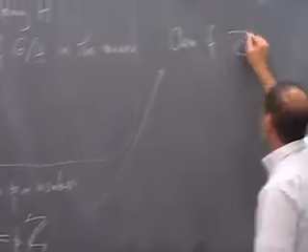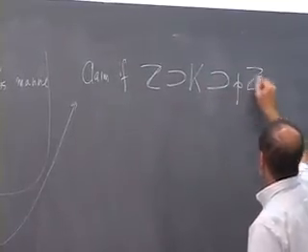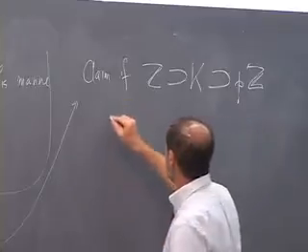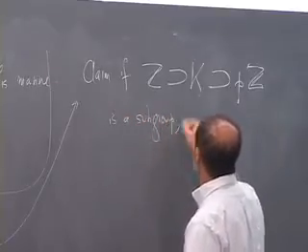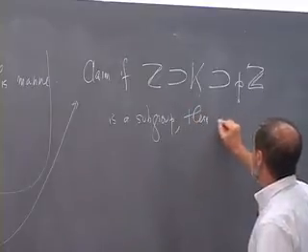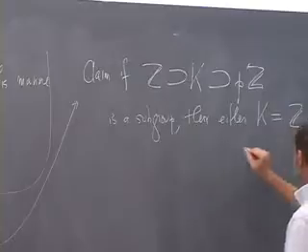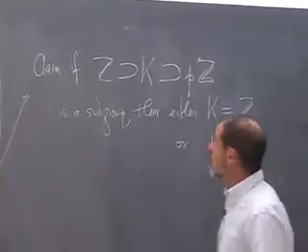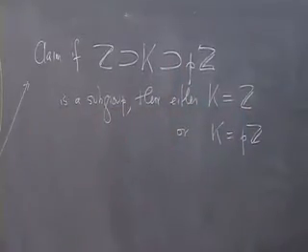If we have a subgroup K of Z which lies between Z and pZ, then either K is equal to the integers or K is equal to pZ. In other words, there's nothing properly in between those two subgroups.